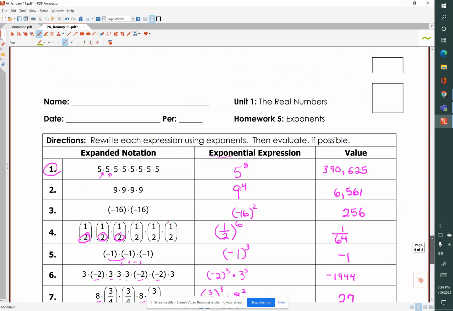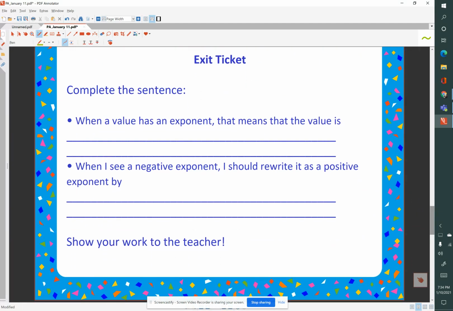So let's go back to our exit ticket. When a value has an exponent, that means the value is repeatedly multiplied by itself.